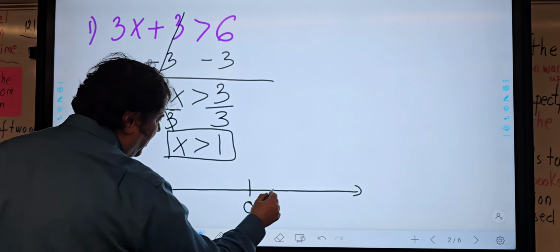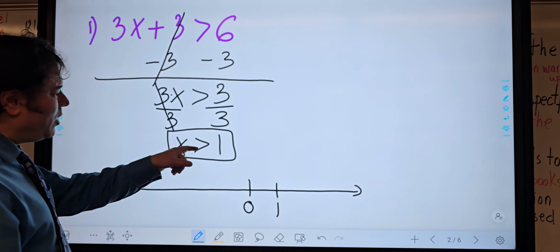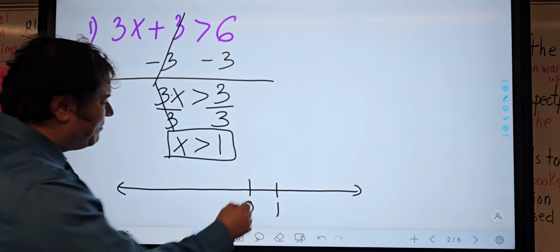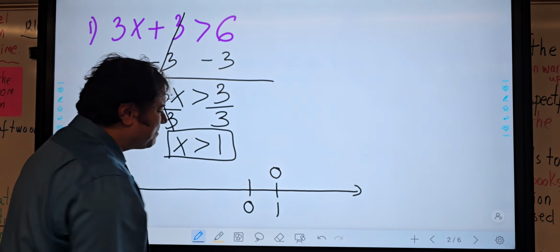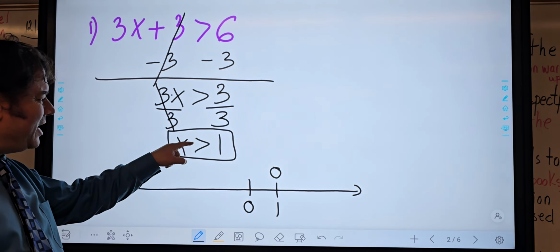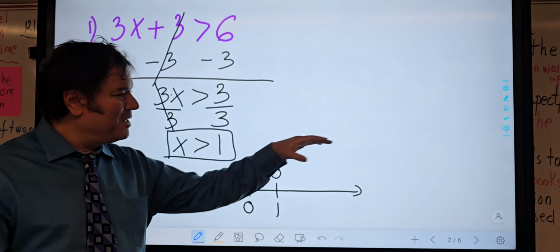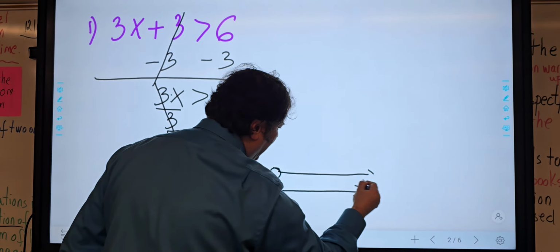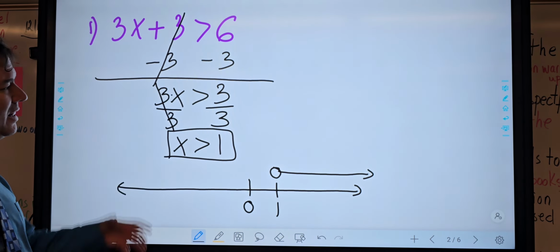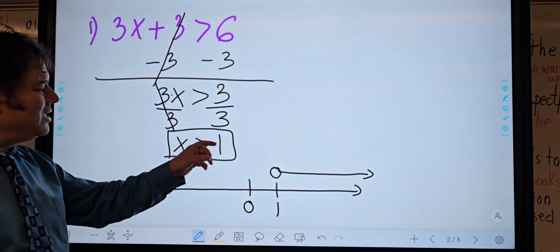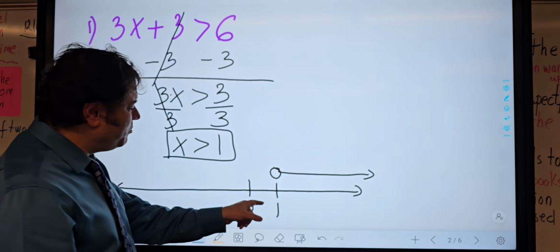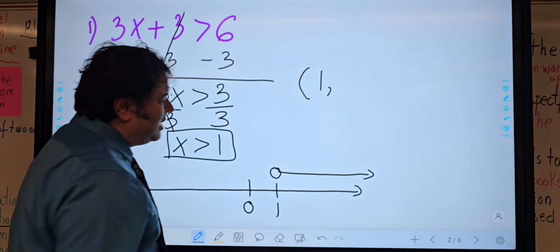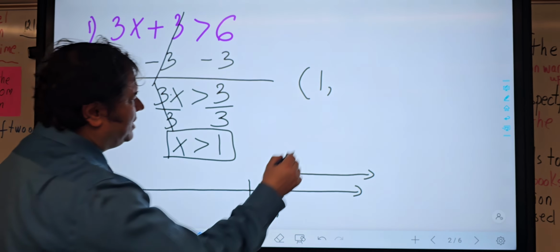So if this is 0 and this is 1, we go to 1, and at 1, since this is greater than, we are going to have an open dot. And then we follow the arrow. The arrow points to the right, so let's go to the right, and that's going to be our answer. In interval notation, this would be open at 1, and then we go to positive infinity.